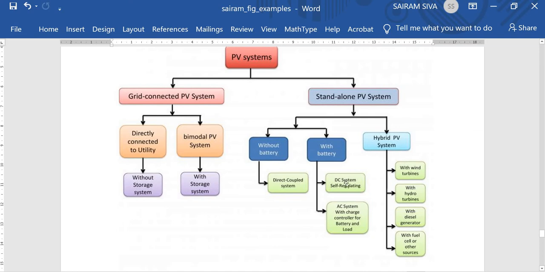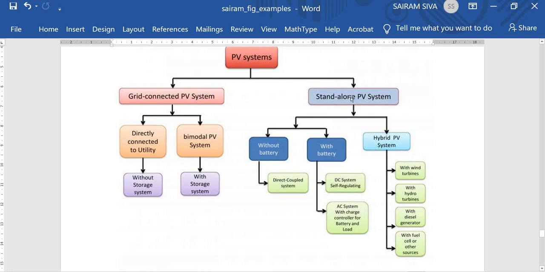The battery based standalone scheme is further classified into DC system self-regulating, and AC system with charge controller for battery and load. Without battery, it is the direct coupled system. The next one is the hybrid PV system, which we will see later.